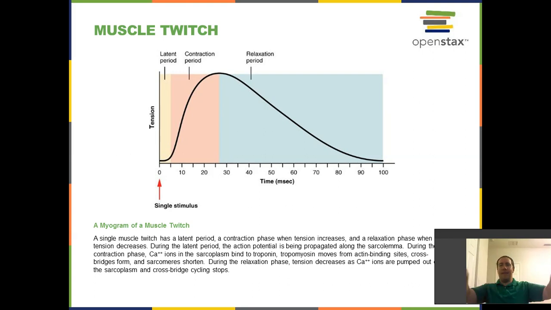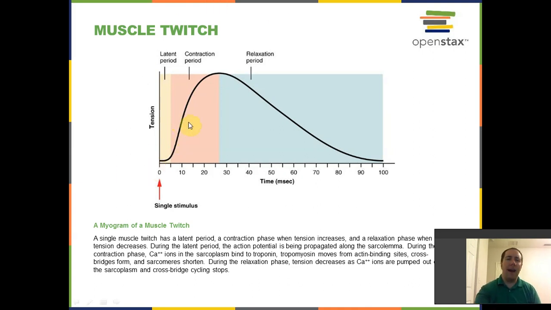The calcium has to leave. The calcium has to leak in. It has to bind to the troponin. The troponin has to move the tropomyosin, and then the myosin can grab the actin. All of that happens in this tiny little latent period. It is very short, but there is actually a delay between when that action potential reaches the muscle and when the muscle contracts.